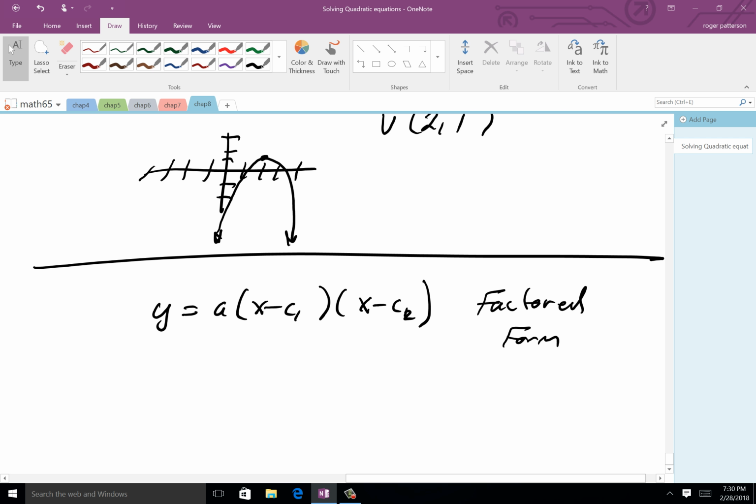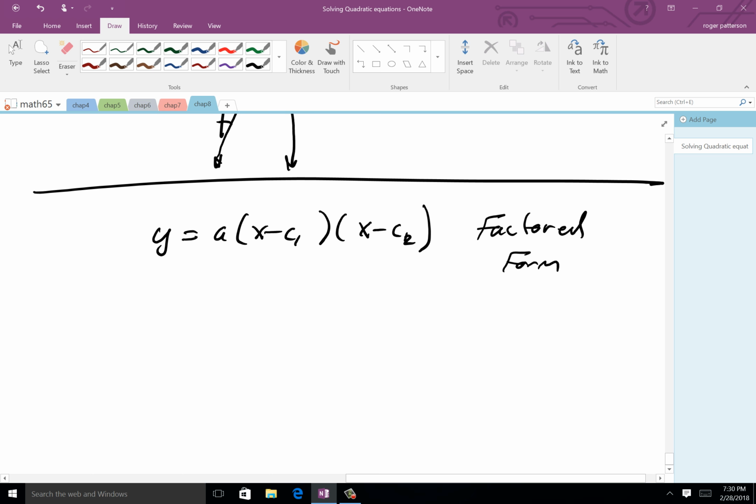So I'm going to switch back here again. These C values that I called C1 and C2 are your x-intercepts, which again is why this is sometimes called intercept form.